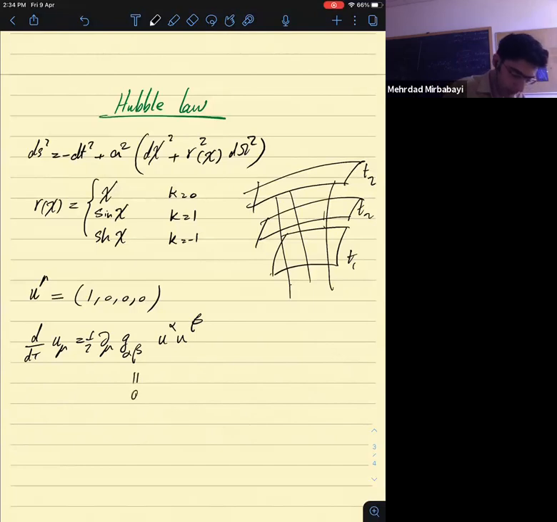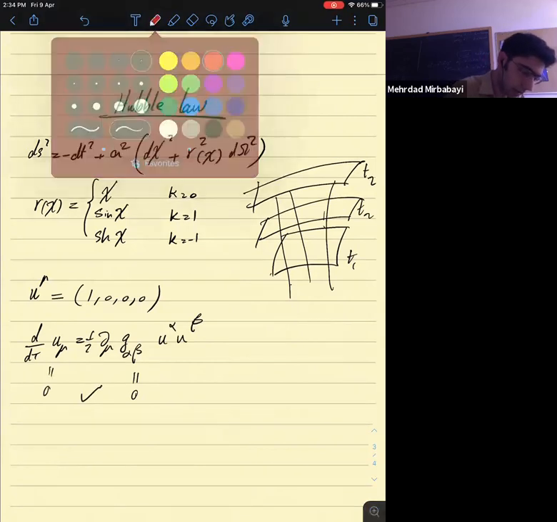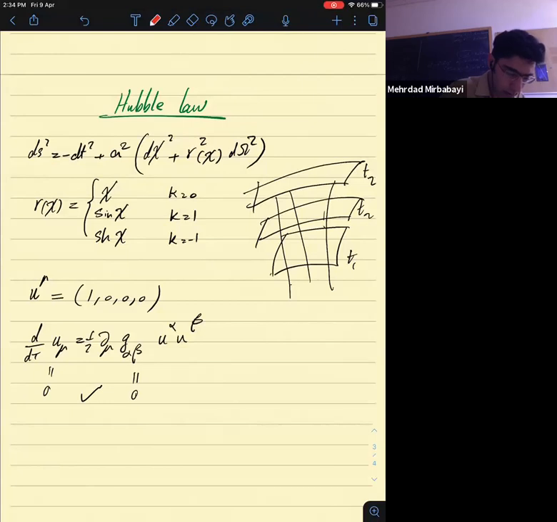And the left-hand side is also 0, because the 0th component of u will also be a constant. So both sides are 0, and this equation is satisfied. So these are geodesics, and these observers are called co-moving observers, because they sit at a fixed set of coordinates. That's why they are called co-moving.